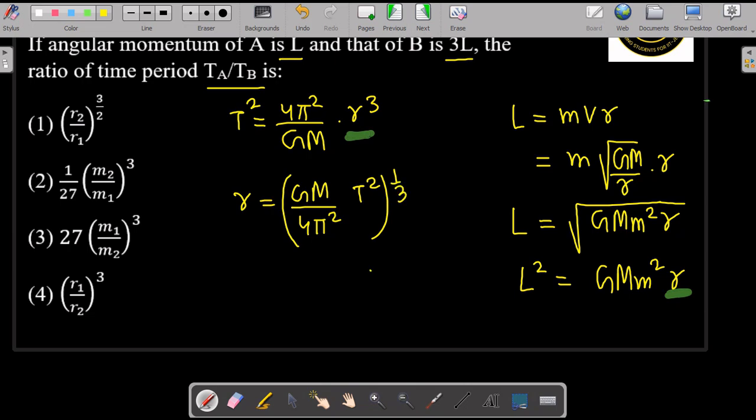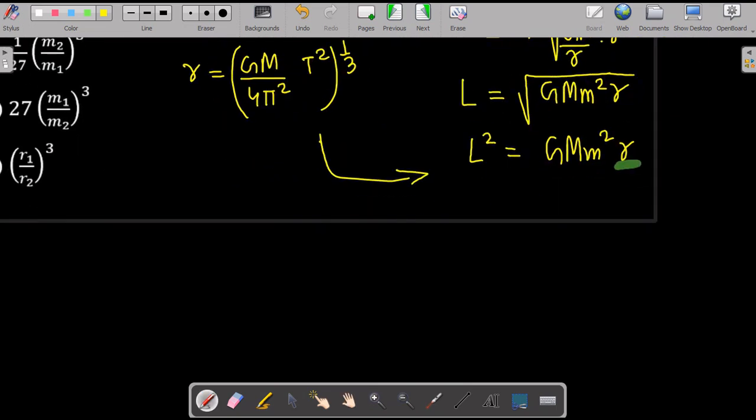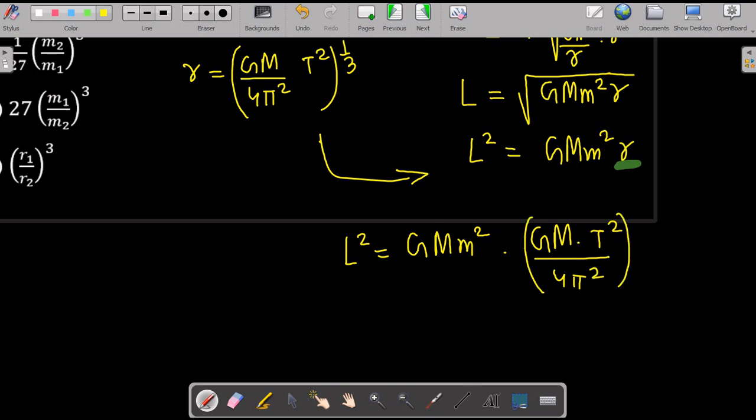Okay, so if I substitute this in this equation, then L square becomes equal to GM m square into radius, which is GM T square by 4 pi square, power 1 by 3. Now let's count only those things which are important here.